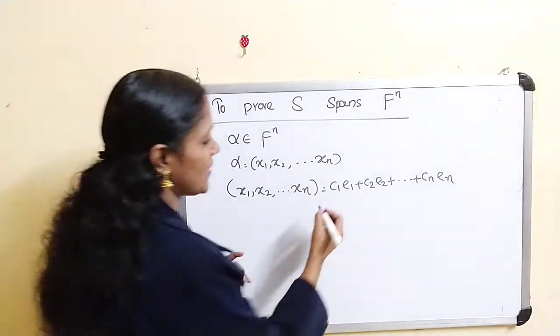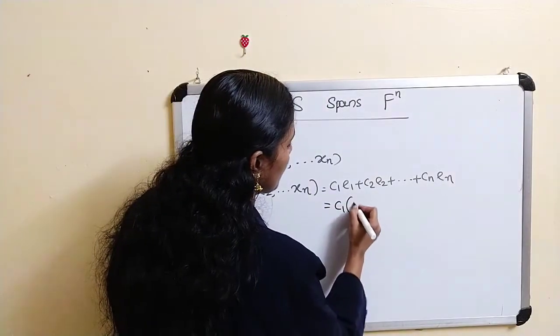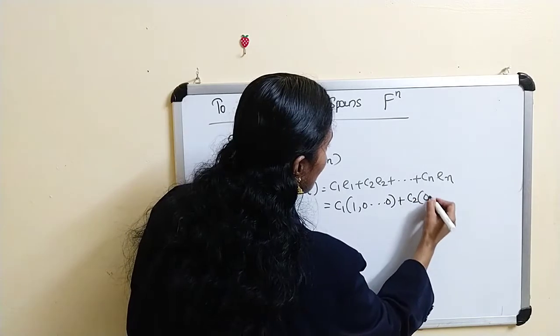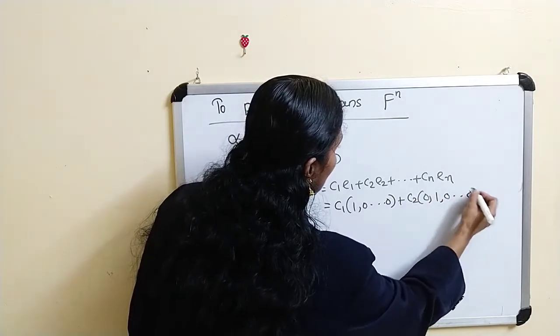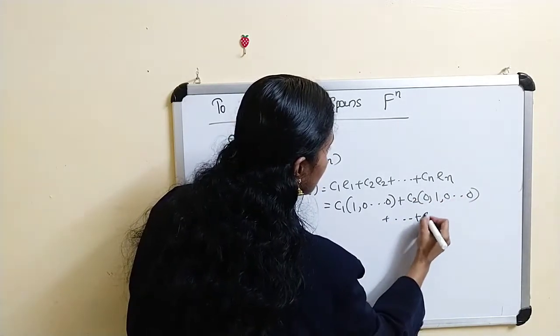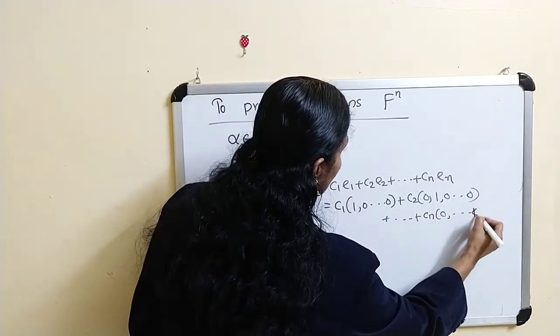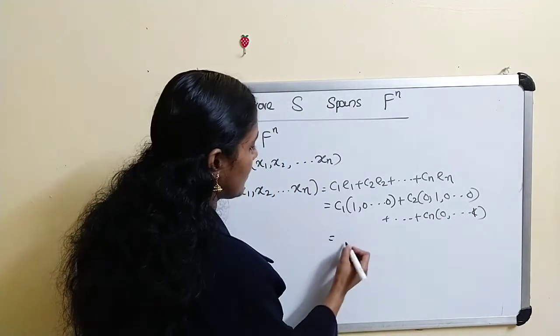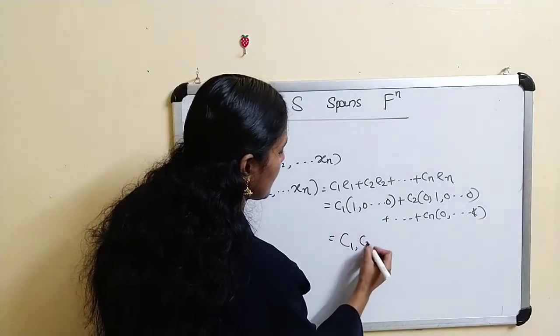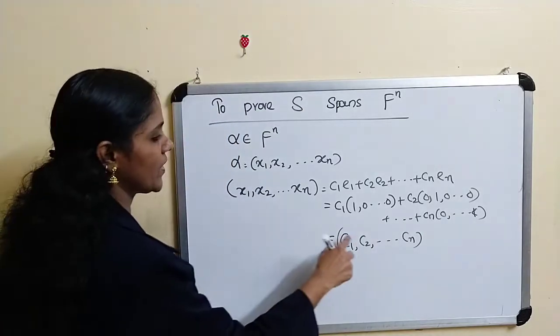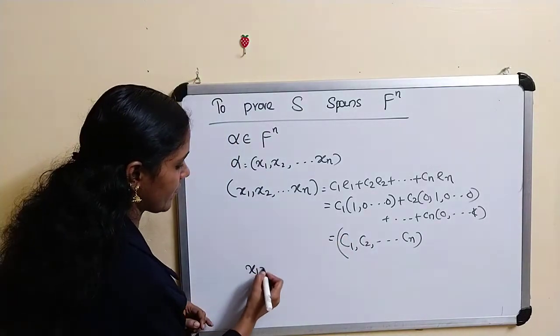And this is equal to c1 into (1, 0, etc., 0) plus c2 into (0, 1, etc., 0) plus etc. plus cn into (0, etc., 1), and the final value is similarly (c1, c2, etc., cn). From this we get x1 is equal to c1.